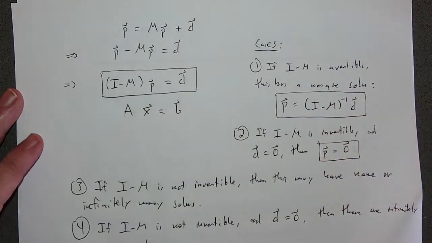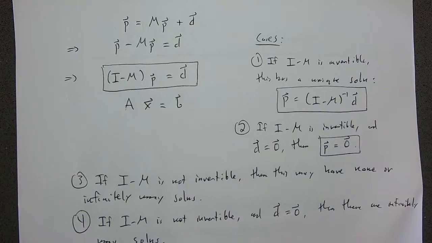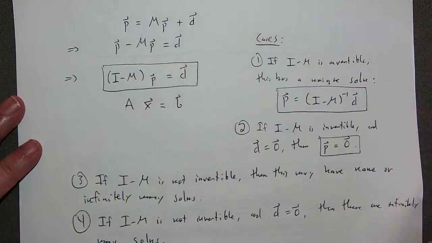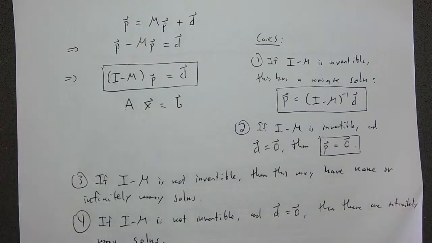So there are four cases. I broke them like this, but really there's only a couple of cases. Basically, I minus M is either invertible or it's not. Statistically speaking, it is more likely to be invertible, because a matrix is more likely to be invertible. The reason is just to consider all the determinants it could have. A matrix could have any determinant that you want, and it will be invertible so long as its determinant is not zero. So there's only one value of the determinant that is not allowed, and all other values are perfectly fine.